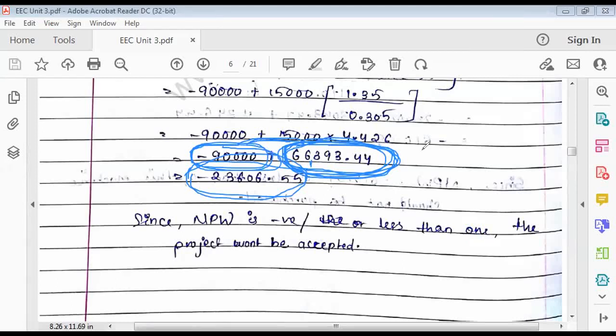Also remember the shortcut one. What is that? Minus C naught plus R whole into 1 plus R whole to the power t minus 1 whole divided by R whole into 1 plus R whole to the power t. That is the shortcut formula you need to remember.